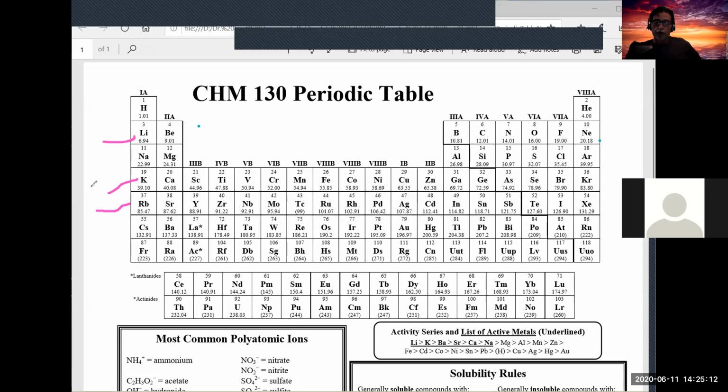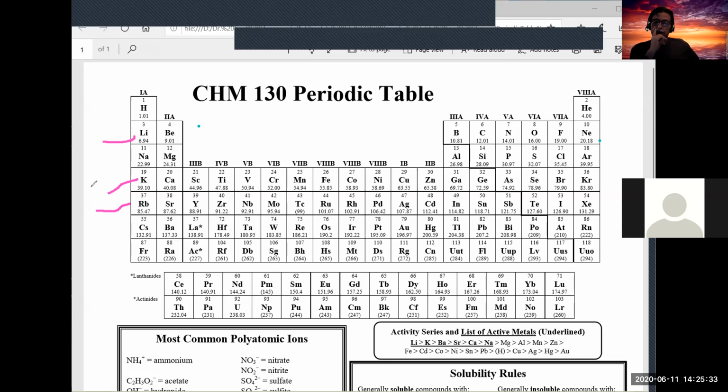Okay, so they're all metals. They all happen to be in the same group. And so to answer this question, it's a matter of which is bigger. Rb is a bigger element. And they all have in common, because they're in group one, that they all have one valence electron.